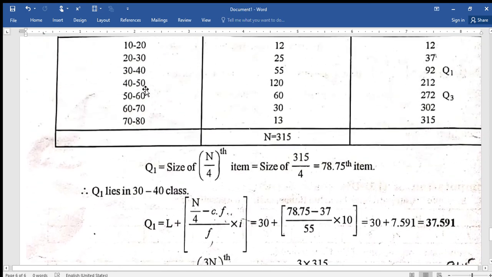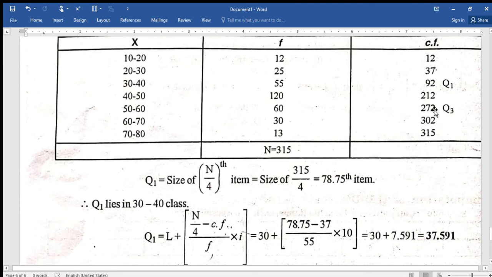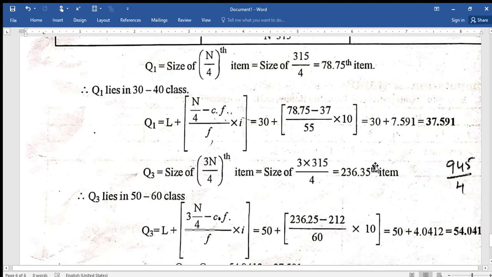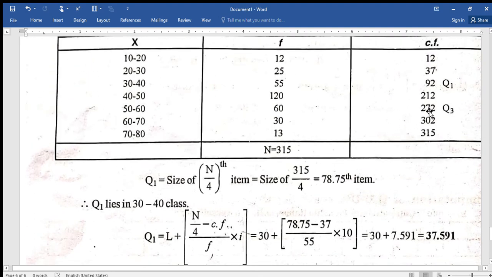In this case, 236 lies in between these two values. After 212 only we get 236. Corresponding to this value, 50 to 60, the third quartile lies in 50 to 60. Our lower limit is 50.